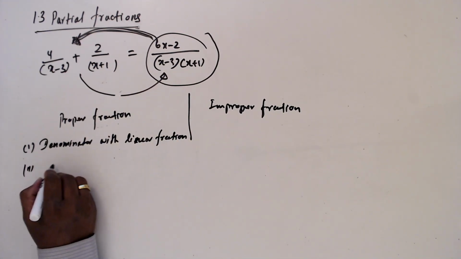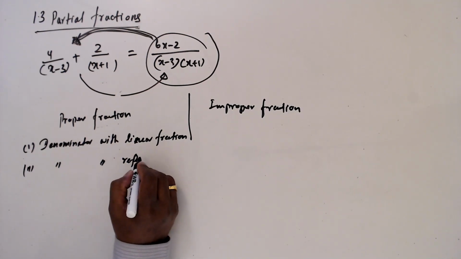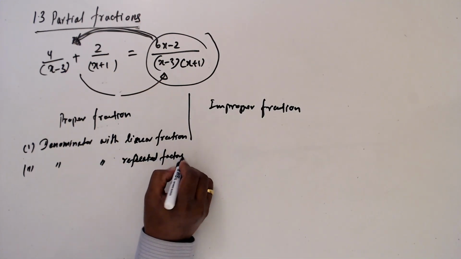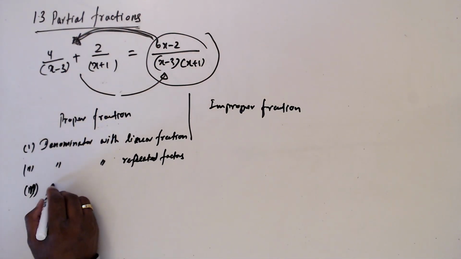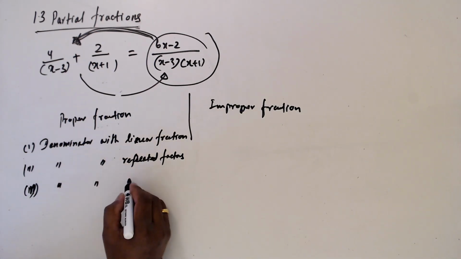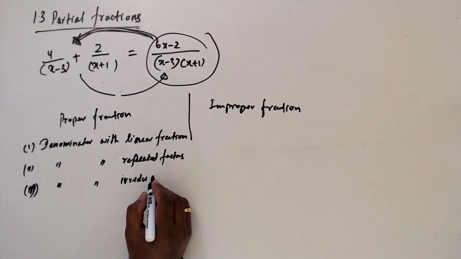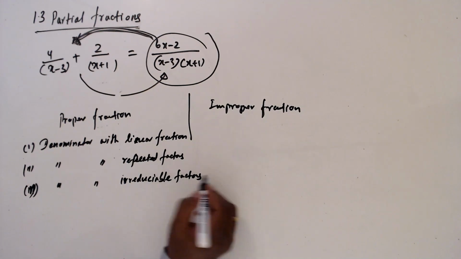Second, denominator with repeated factors. The third one is denominator with irreducible factors.